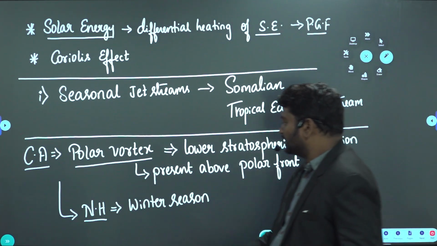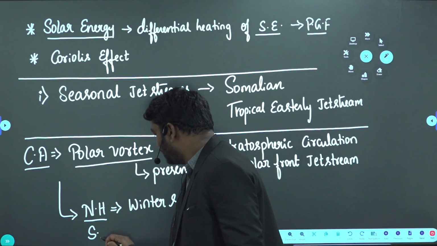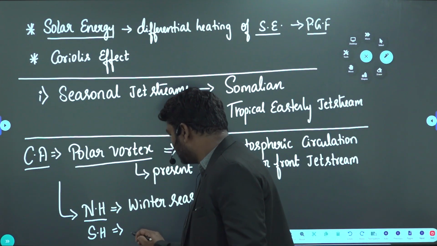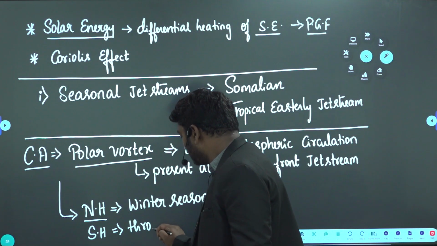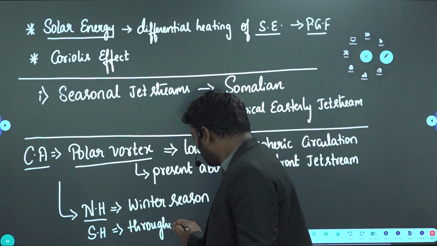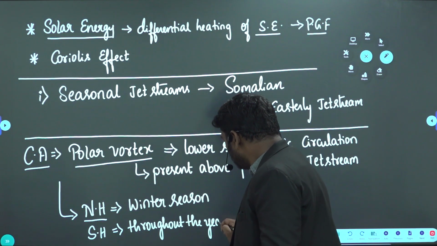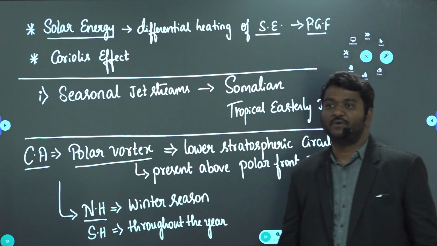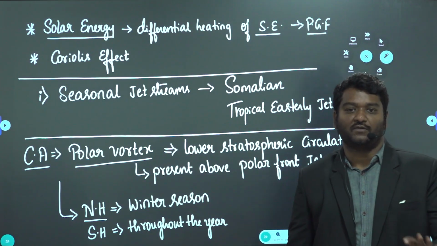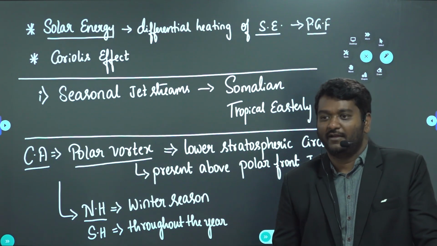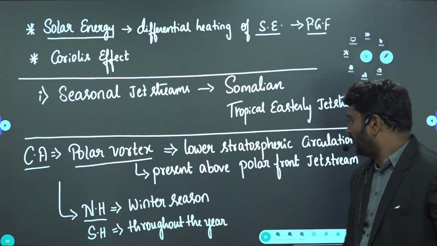In the southern hemisphere, the polar vortex is present throughout the year. What may be the reason? The difference between northern and southern is always one. What is that? Land is more in the northern, less in the southern.